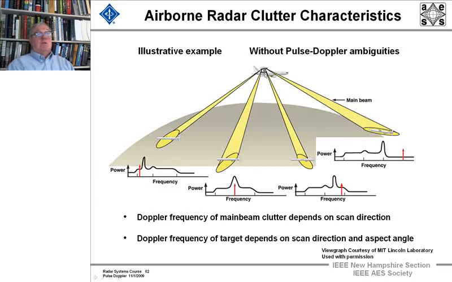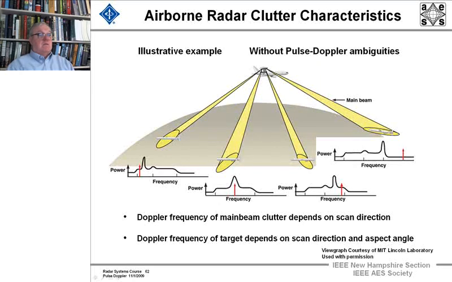So if you're on this aircraft with the radar, the Earth will be Doppler shifted. So a stationary Earth is going to be Doppler shifted, and you see here beams that are different places on the Earth. And so the Doppler frequency of the target is going to depend on the scan direction.